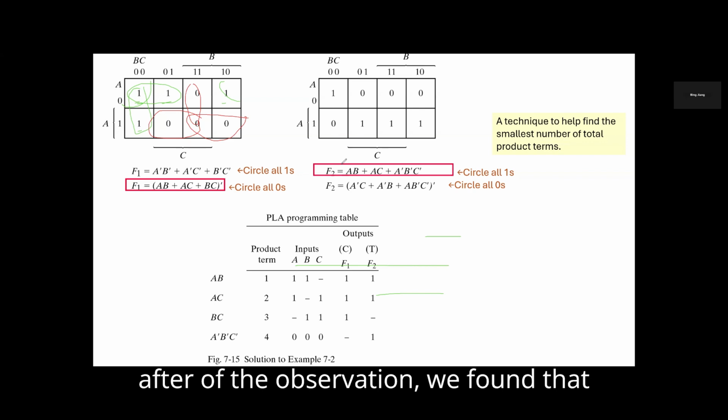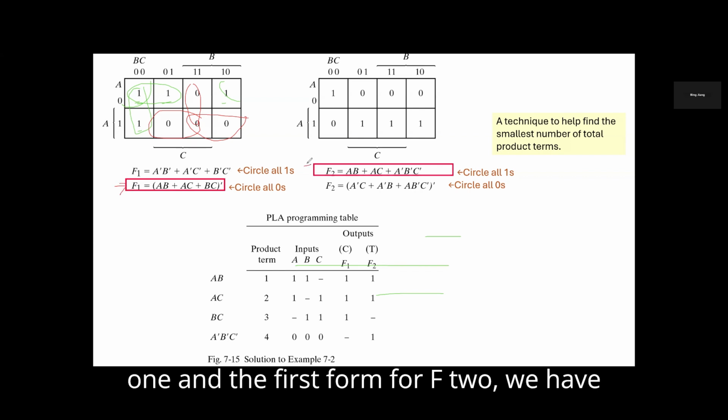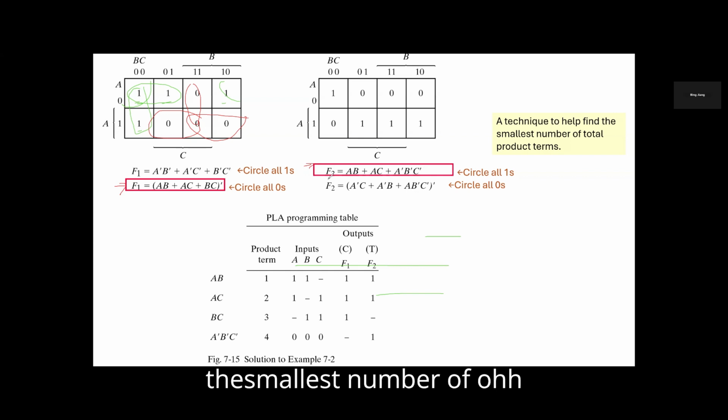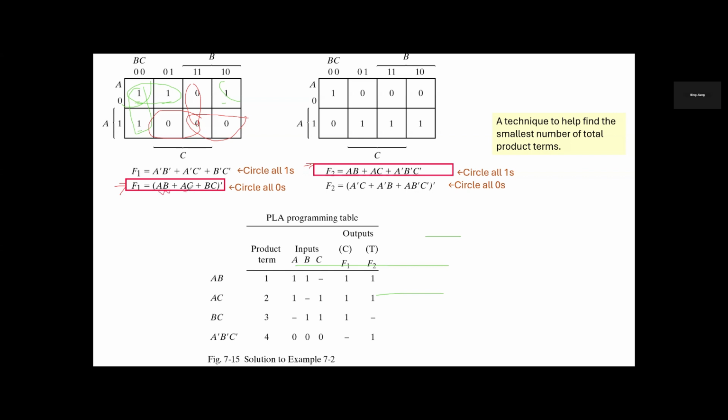After observation, we found that if we use the second form for F1 and the first form for F2, we have the smallest number of product terms. They both have AB, AC, and then F1 has BC, F2 has A prime, B prime, C prime. So totally there are four product terms.